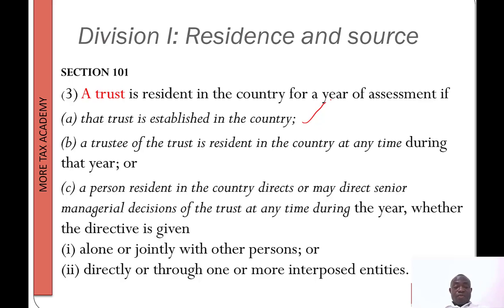So here we know that trust is managed by trustees. So if we're able to identify that a trustee is resident in Ghana, then that makes the trust a resident trust. Or C, a person resident in the country directs or may direct senior managerial decisions of the trust at any time during the year, whether the directive is given alone or jointly with other persons or directly or through one or more interposed entities.